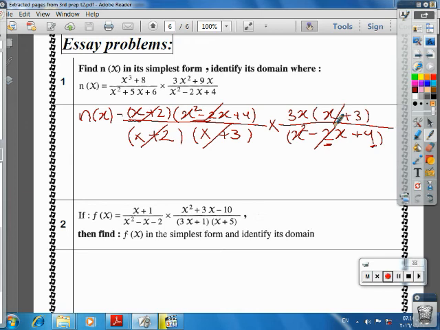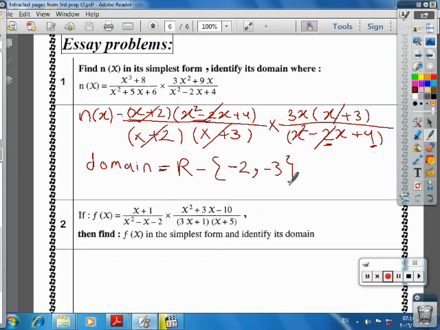Then we can identify its domain before solving. Domain equals R minus the zeros of the two denominators, x plus 2 and x plus 3, then negative 2 and negative 3.